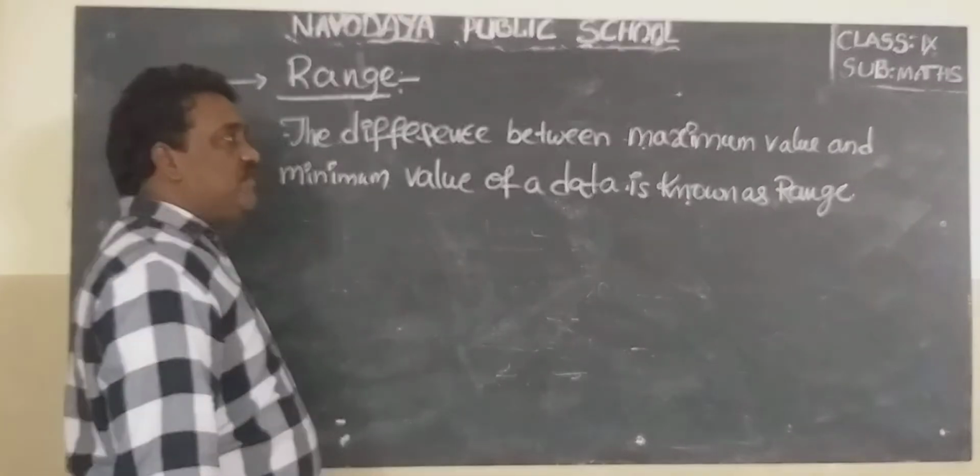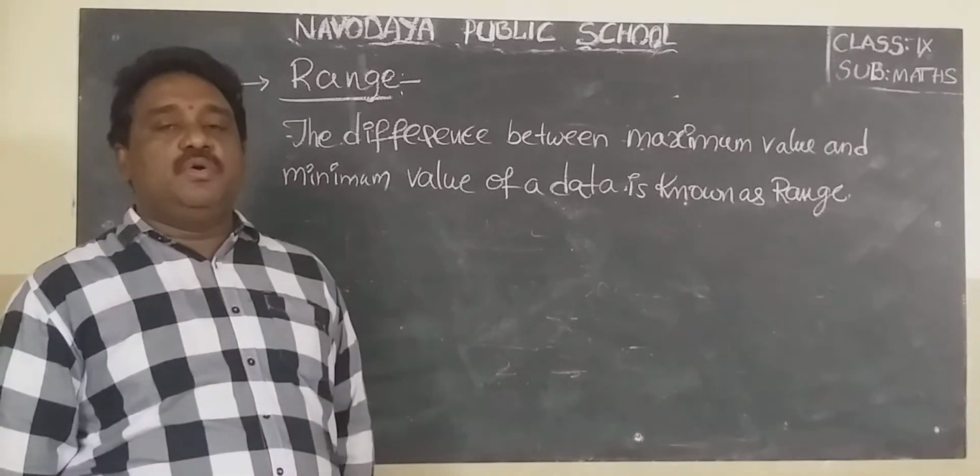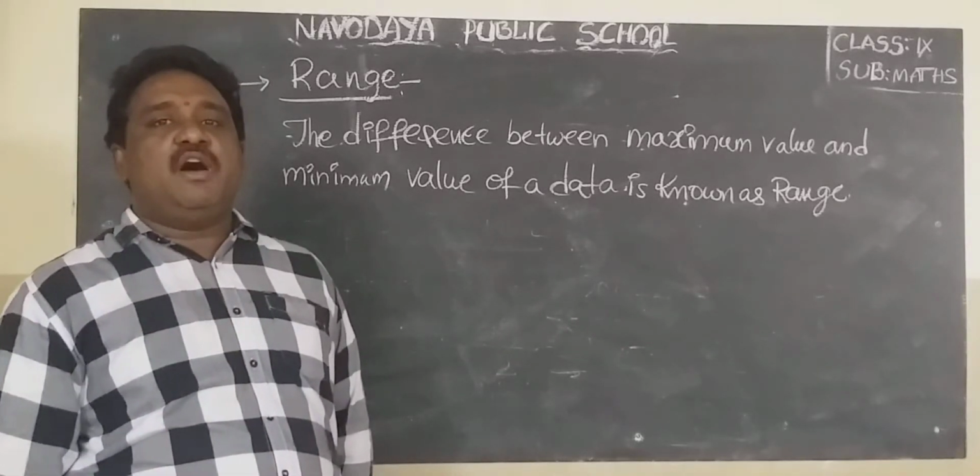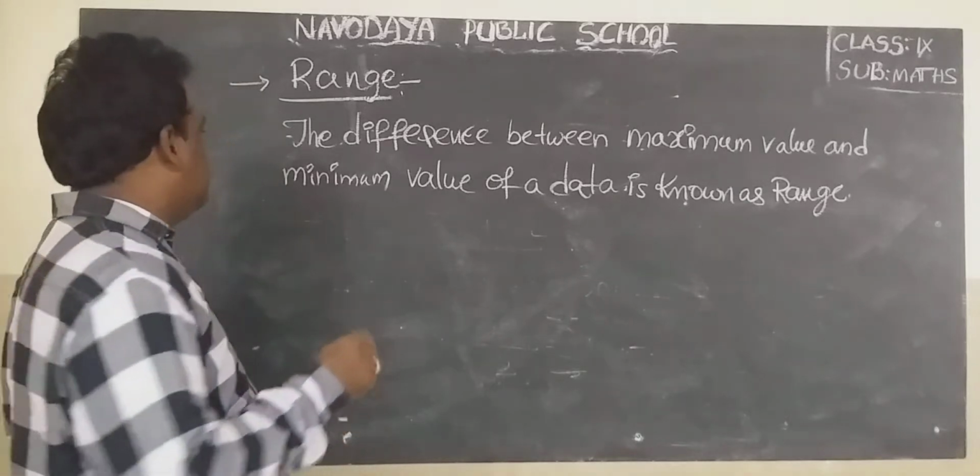The difference between maximum value and the minimum value of a data is known as range.